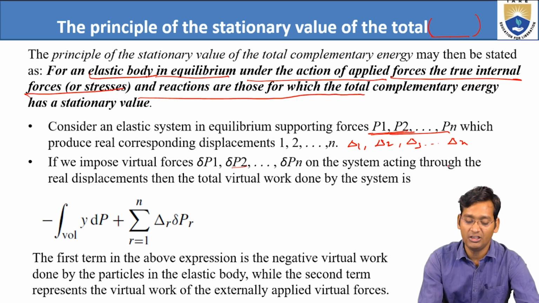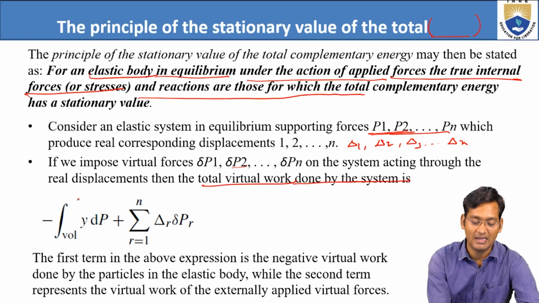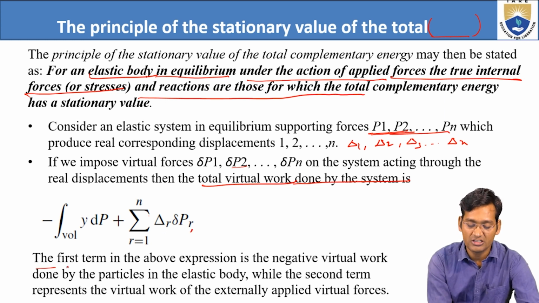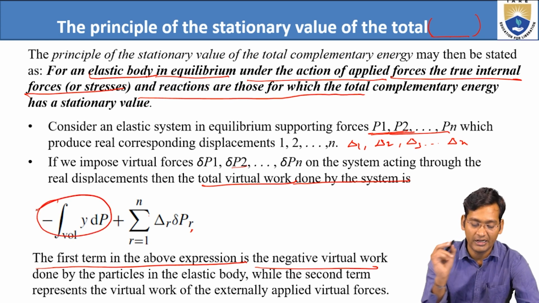Then the total virtual work done by the system is minus the integral over volume of y dp, plus the sum over r equals 1 to n of delta r, delta P r. The first term in the above expression is the negative virtual work done by the particles in the elastic body.